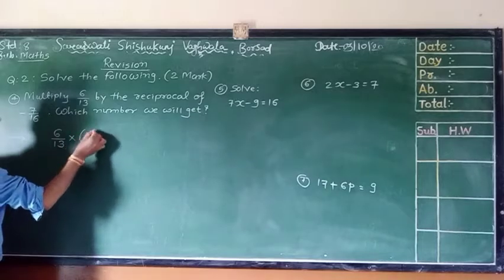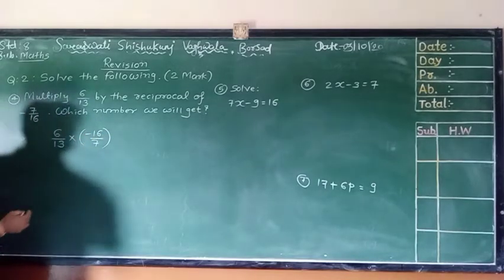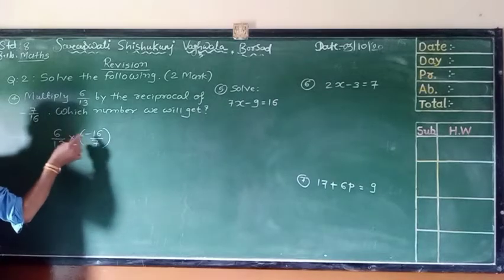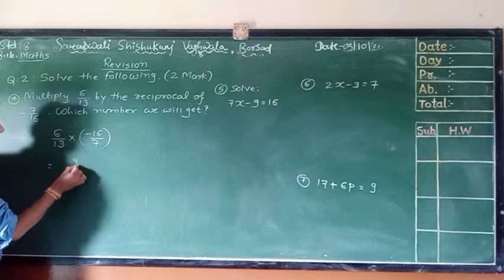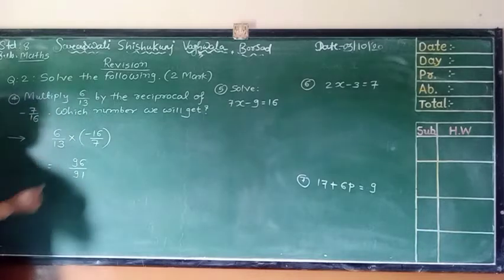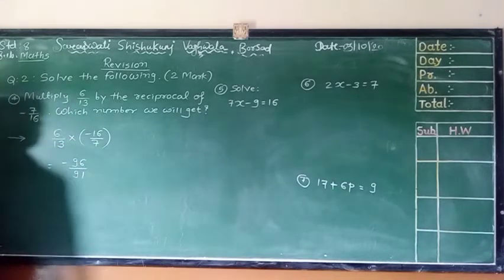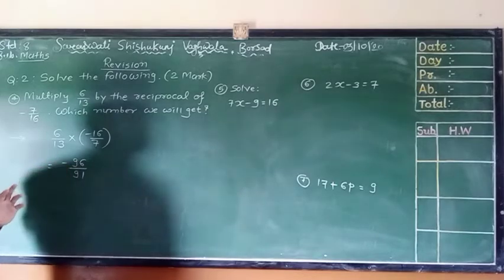So we can write 16 by 7. Is it clear? Now we can cut upper side and down side. So 16 6s are 96... 7 13s are 91. Okay. Now there is one minus sign, so we have to put the minus sign in the answer, 96 by 91.